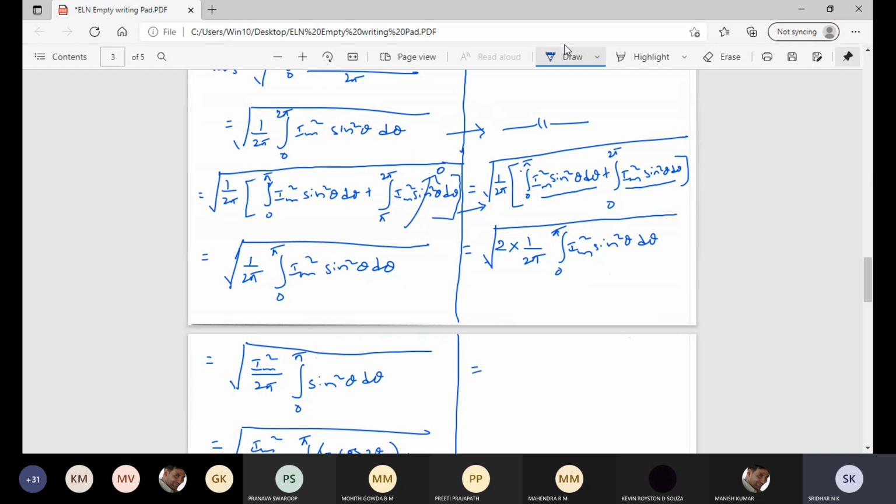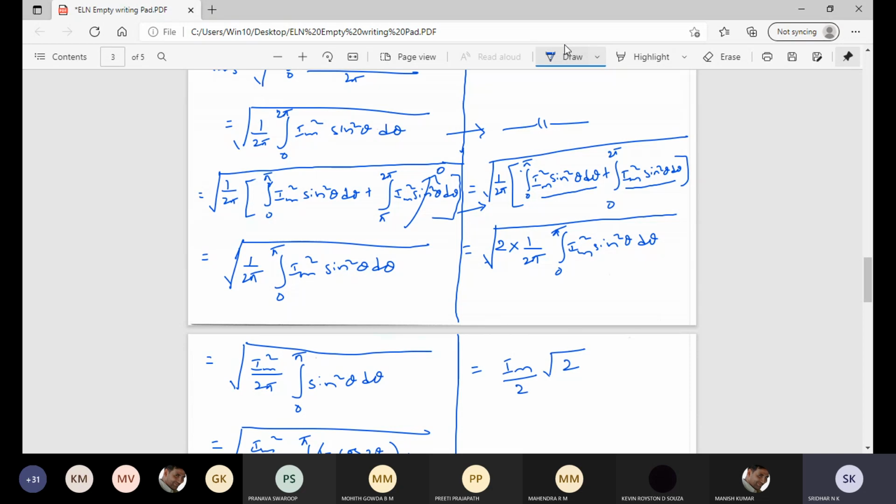Because of this, what is the final answer that I got for this value? It is Im by 2, correct? That is the component 1 over 2 pi integration 0 to pi Im square sin square theta d theta, for which we got Im by 2 into root 2. This root 2 I'll keep as root 2 itself.